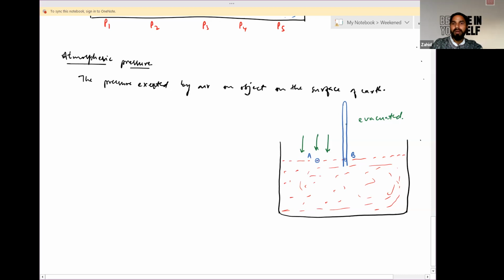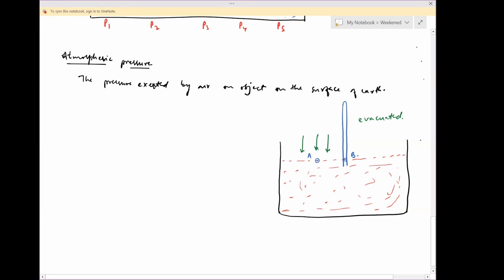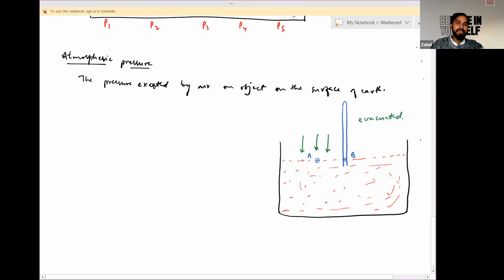So there will be no any matter which is generating pressure at point B. So pressure at this particular point B will be 0. Is it clear? Yes. So due to this pressure difference, since at point A, pressure is due to atmosphere and there is no pressure at point B, the liquid will move from higher pressure to lower pressure. Is it clear?